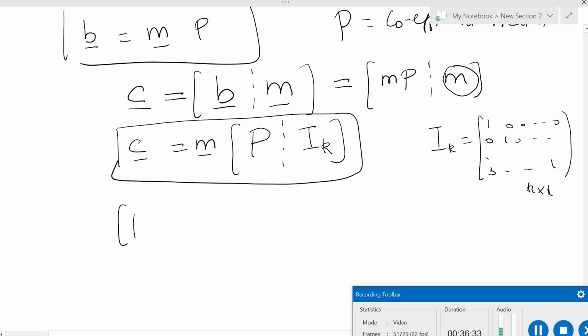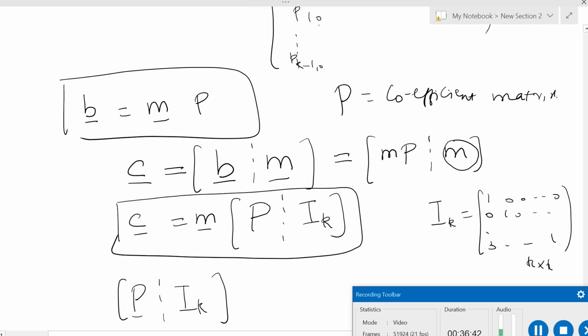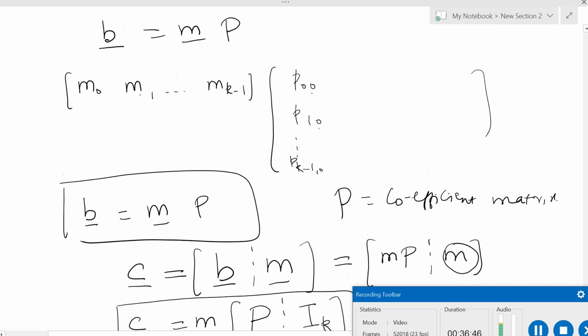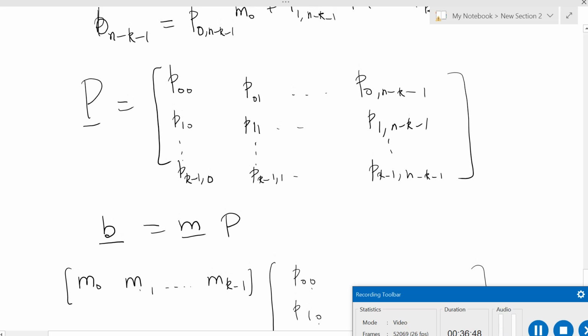Now this matrix P concatenated with Ik, what is the dimension of this? See, if you look at this P matrix here, P matrix is K by N minus K, right? See, there are K rows, 0, 1, 2 up to K minus 1, and N minus K columns, right?